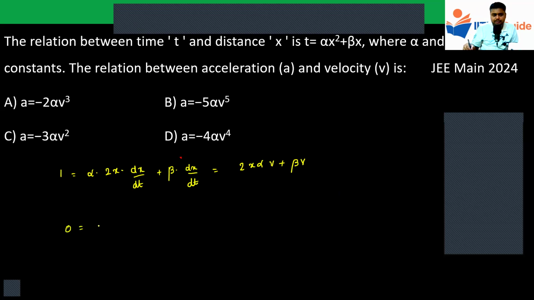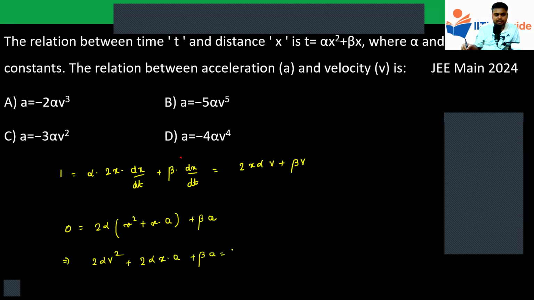So 0 is equal to 2 alpha. Now x and v both are there. So x becomes dx by dt, which is v square, plus x into acceleration a plus beta into acceleration a. So we have 2 alpha v square plus 2 alpha x into a plus beta into a is equal to 0.